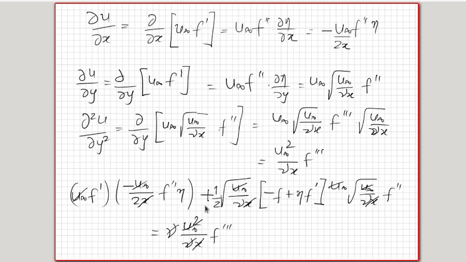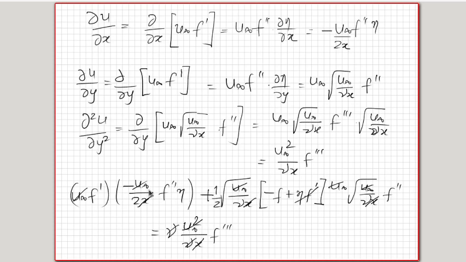So the right hand side has only f''', and the left hand side you have f'' η. Okay, this is a plus quantity, and here a half. So half f'' η, and here you have a half and, sorry, this is a minus here. So you have minus half f'' η, and here you have a plus half f'' η.